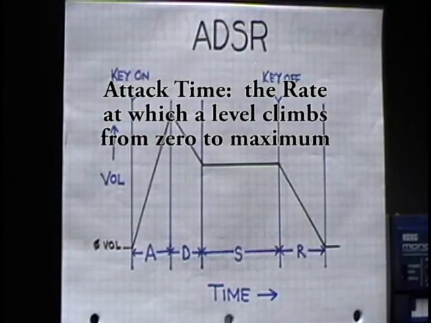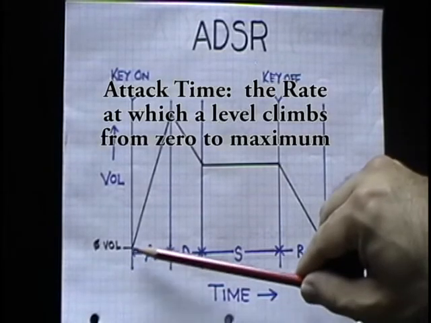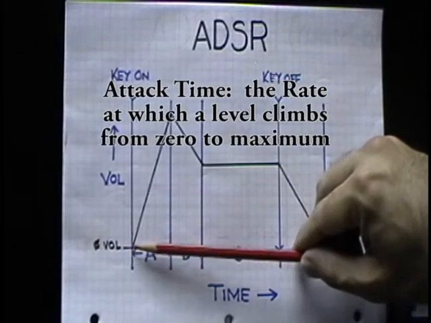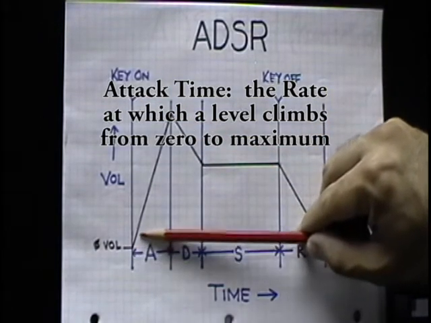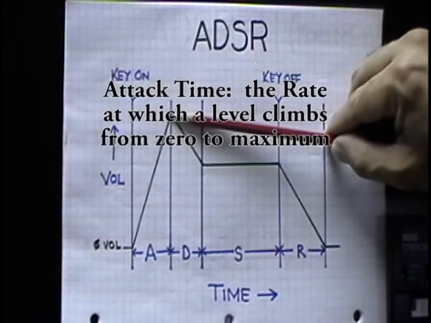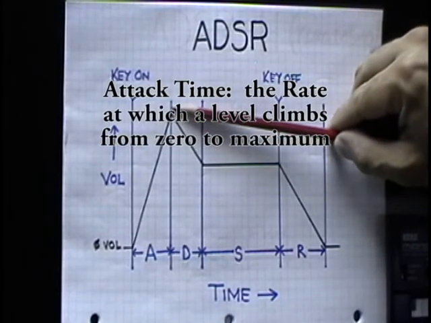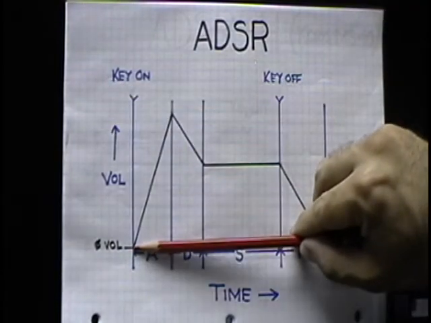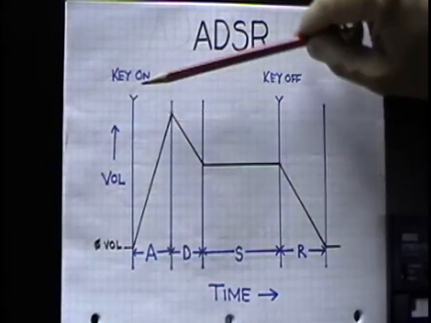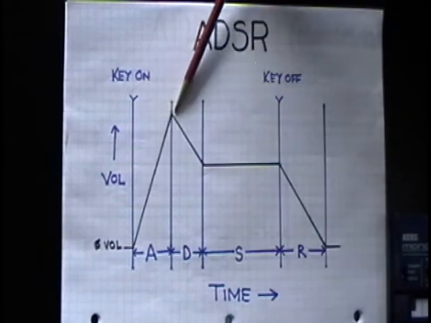The attack time is the rate at which the volume climbs from 0, or silent before the key is pressed, to once the key is pressed. You can determine the rate at which the volume goes up to its maximum volume. So this is the attack time, from 0 volume to maximum volume. The attack time determines how long that's going to take.